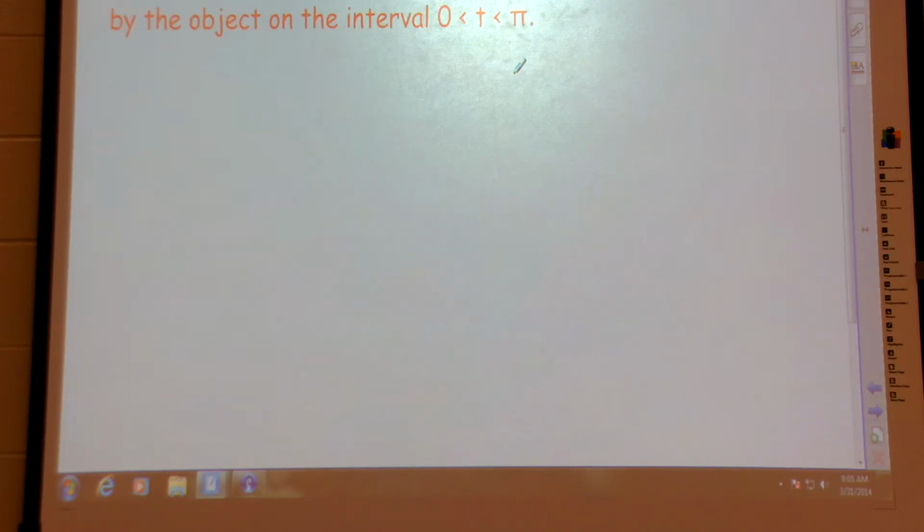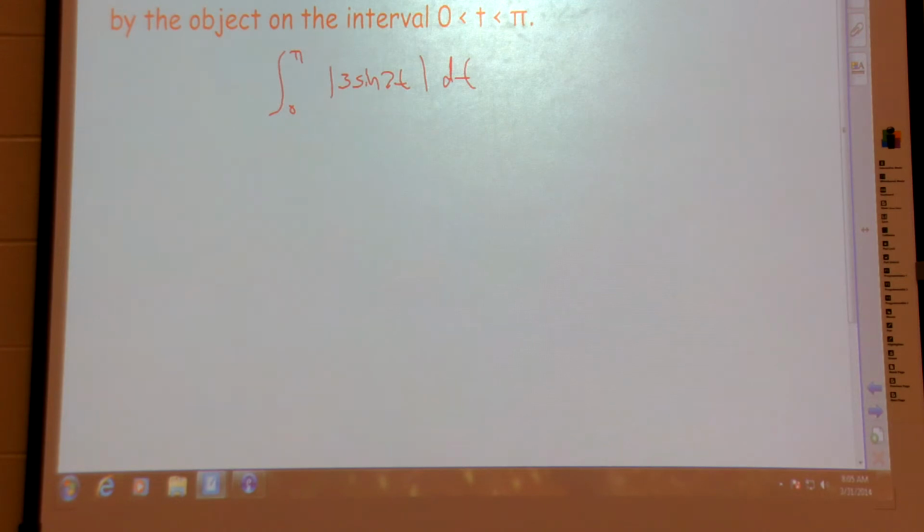Find the total distance traveled. Okay. So this is the integral from 0 to pi of the absolute value of 3 sine 2t dt.